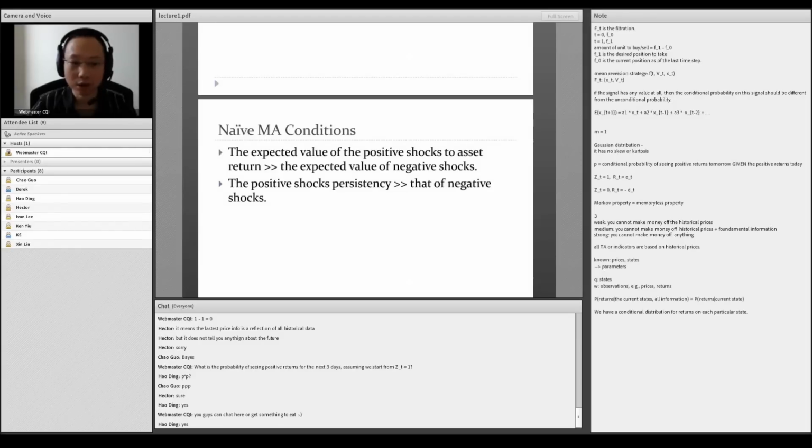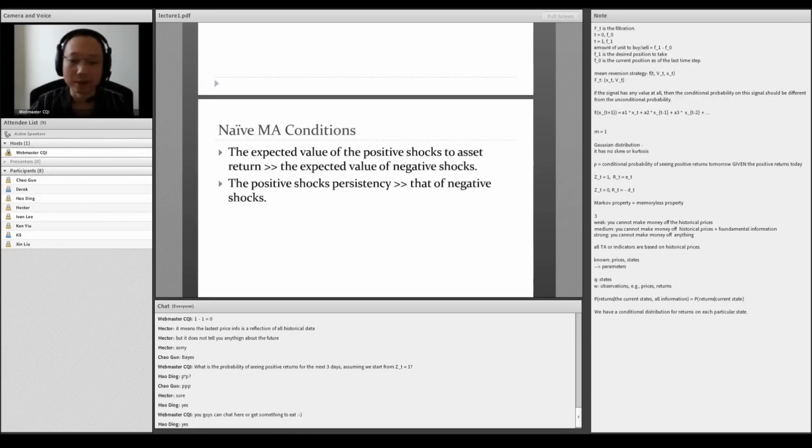So we have an idea of what needs to be satisfied in the market in order for the trading strategy to make money, but we do not know exactly in terms of quantification. We haven't been able to quantify these two intuitions yet. These two remain ideas. They make sense.